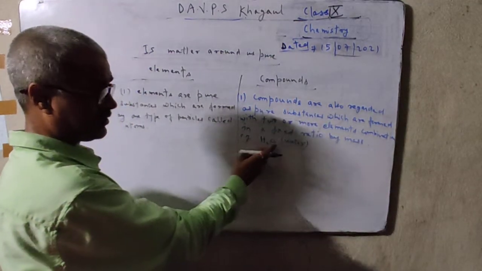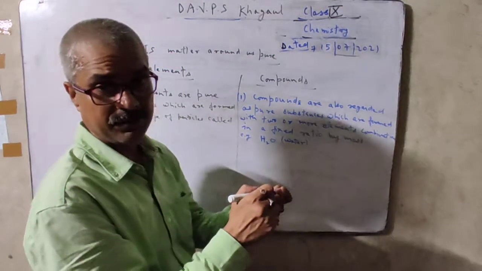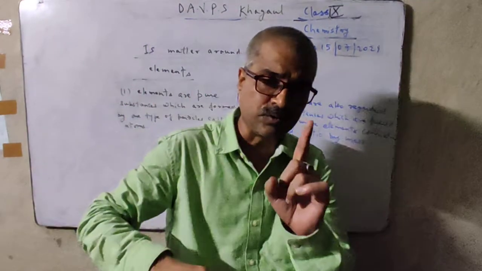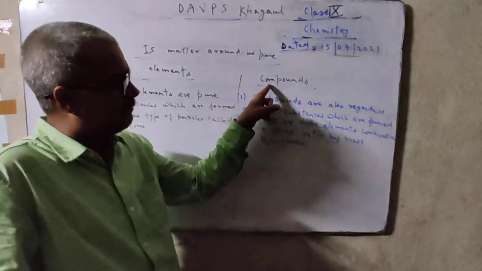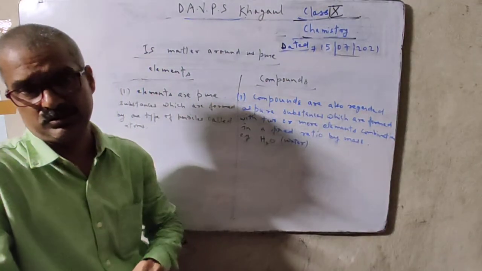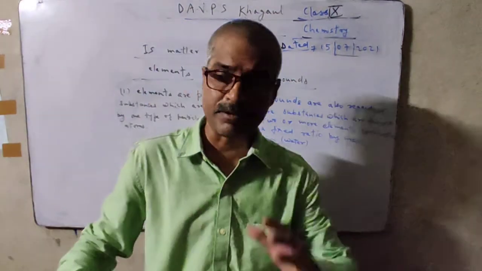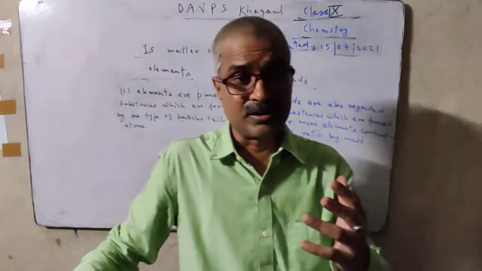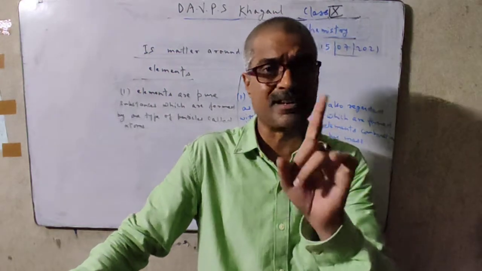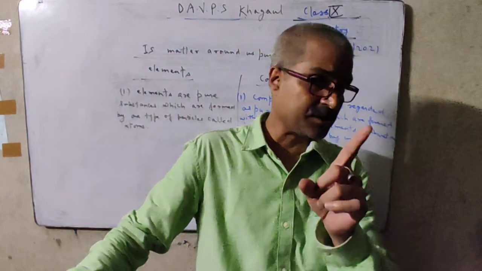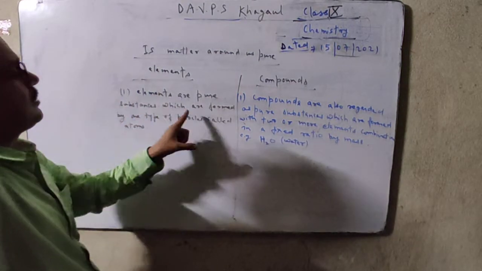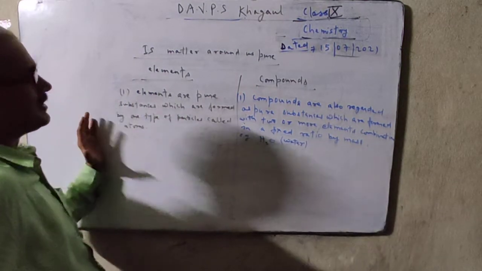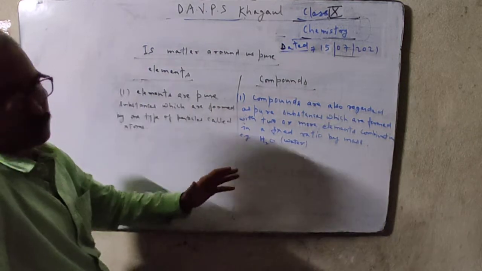Two atoms of hydrogen and one atom of oxygen will always combine to give one molecule of the compound water. So the smallest part of a compound is a molecule. The smallest part of an element is an atom. That is also a main difference between elements and compounds.